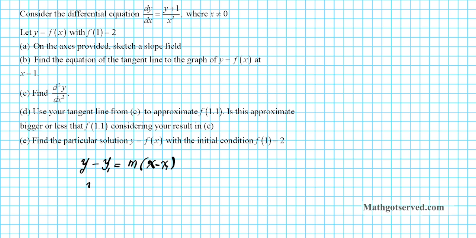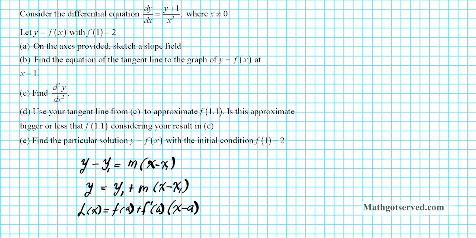Okay, and if you get y by itself, you have y equals y1 plus m(x minus x1). And the calculus variation of this is known as a linearization. Remember, the linearization of x is given by f(a) plus f'(a) times (x minus a). They all mean the same thing, okay?